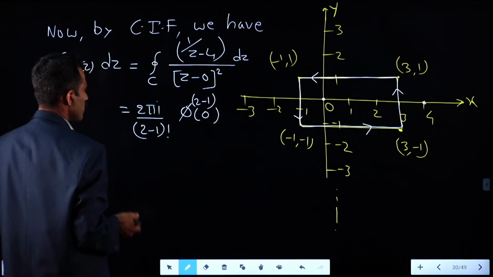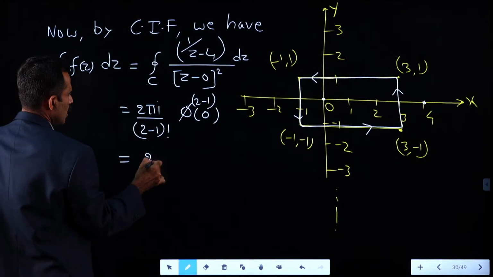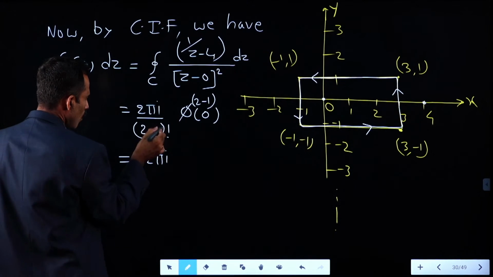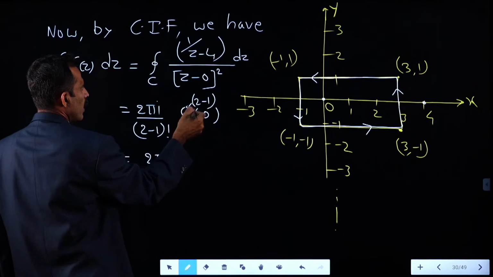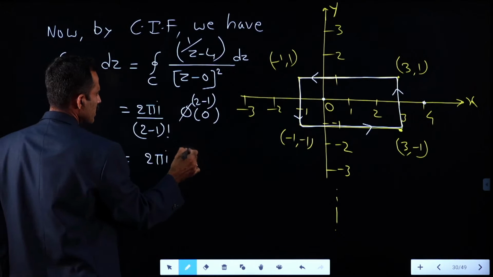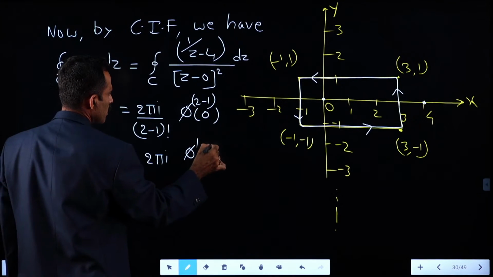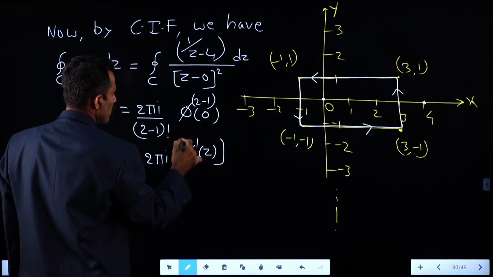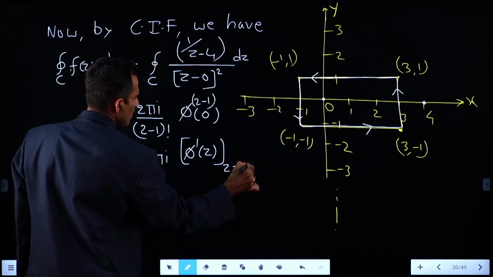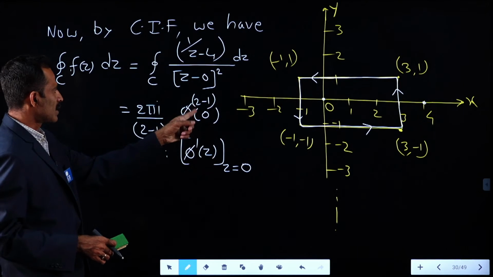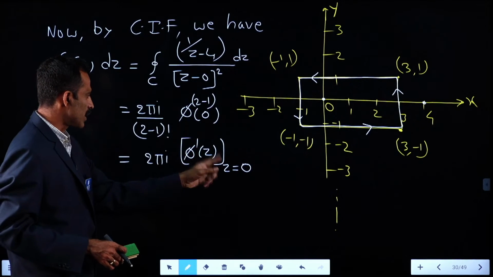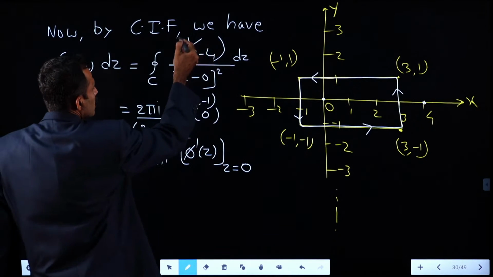Z0 is here 0. That is 2 pi i by 1 factorial, which is 1, and 2 minus 1 times derivative, that is 1 time derivative. It is the same as the phi dash function at the point z equal to 0. This is the same as phi dash of 0. Phi dash of 0 means phi dash of z at z equal to 0. But this is the function phi of z.